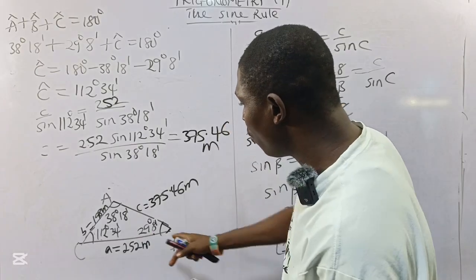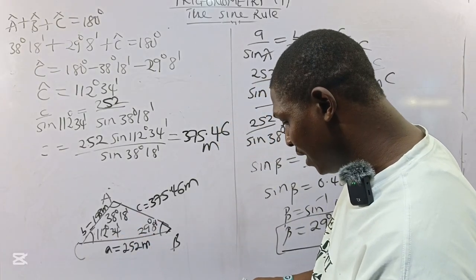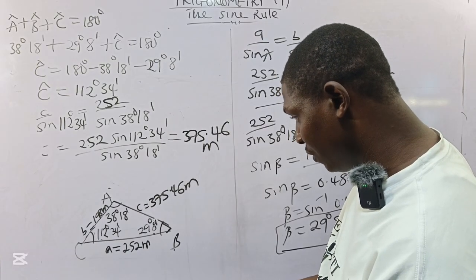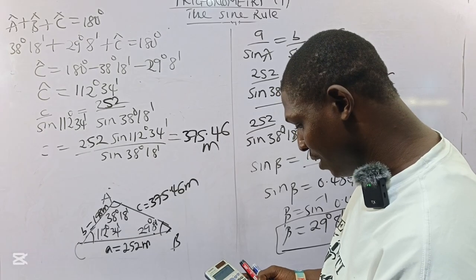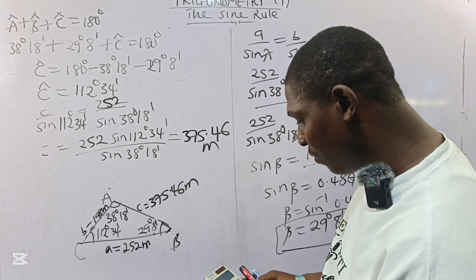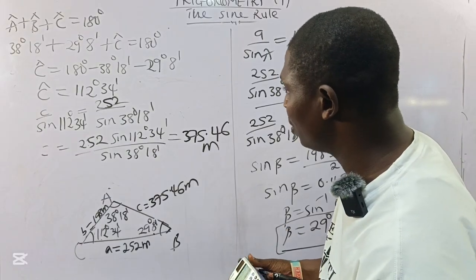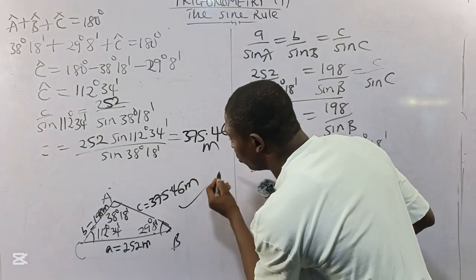And if we add all our angles together, 38 degrees 18 minutes, plus 112 degrees 34 minutes, plus 29 degrees 8 minutes, that will give us exactly 180 degrees, 0 minutes, and 0 seconds. So this question is absolutely correct.